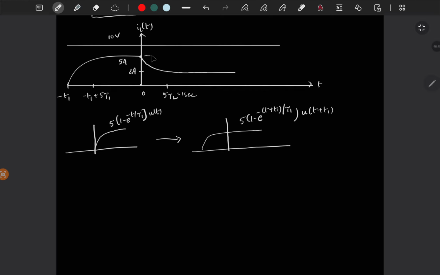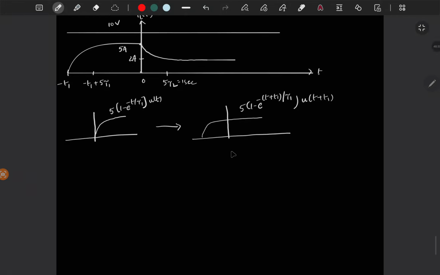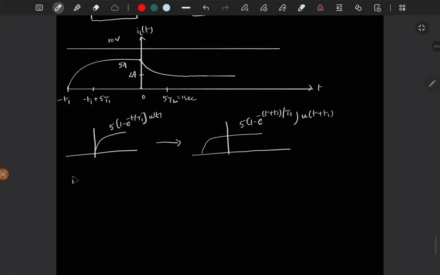And if it is not like this, then it will add up and you will get steady state as 7 amps, which is not true. So I'm directly writing IL of t: 5 times 1 minus e power minus t plus t1 by tau 1 u of t plus t1, minus 5 u of t.